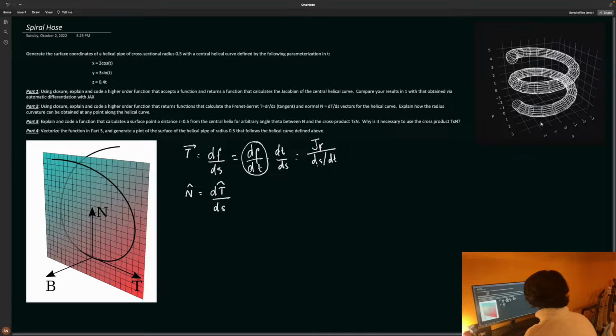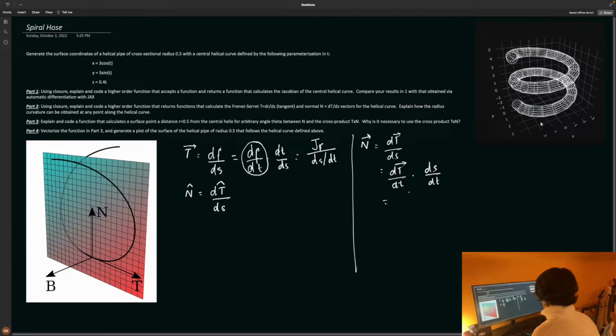Now, let's take a look at what we can do with a normal vector. So, let's say we've got our normal vector as this. Again, we can apply the chain rule, so we can say this times ds over dt.